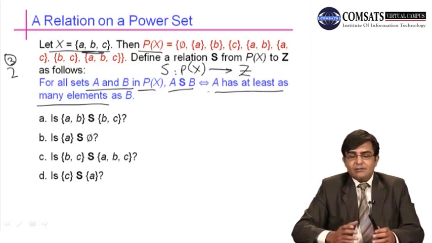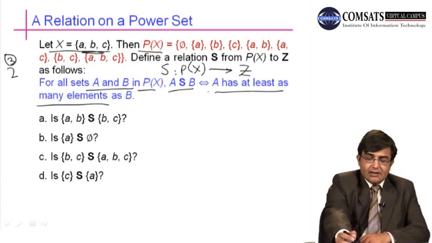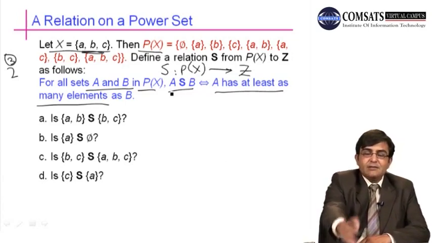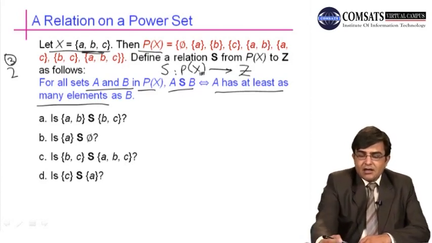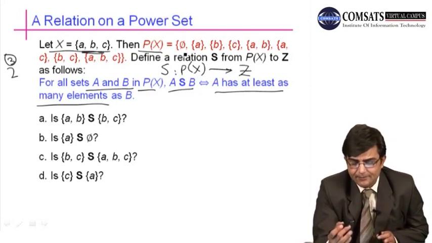This is how two elements of P of X are related. Here the sets are elements of the power set, because the power set is basically the set of sets.